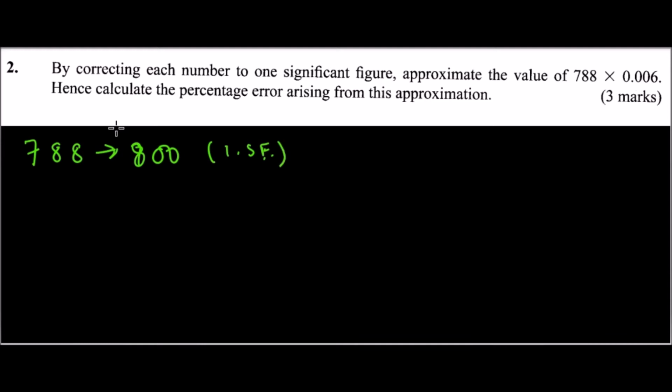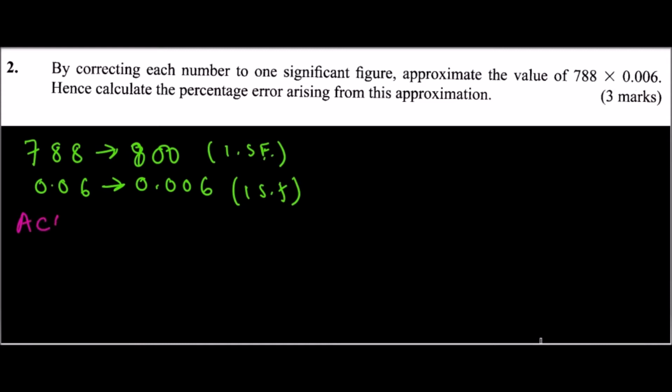That is how we write it. Then we have 0.006 to one significant figure. It will remain the same because we only have one non-zero digit, so it will remain as 0.006, and this is to one significant figure.